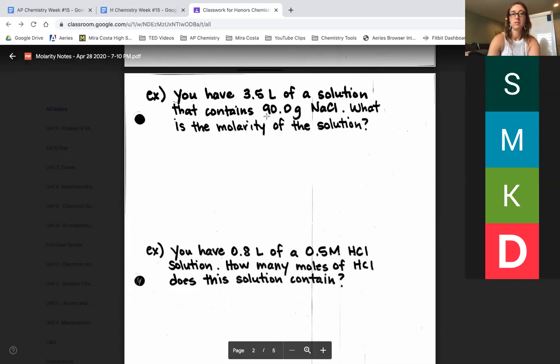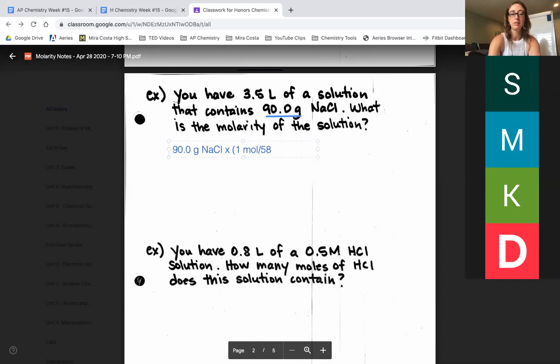So I have 90 grams of sodium chloride. I'll end up dividing it by the 1 mole of sodium chloride for every 58.44 grams.